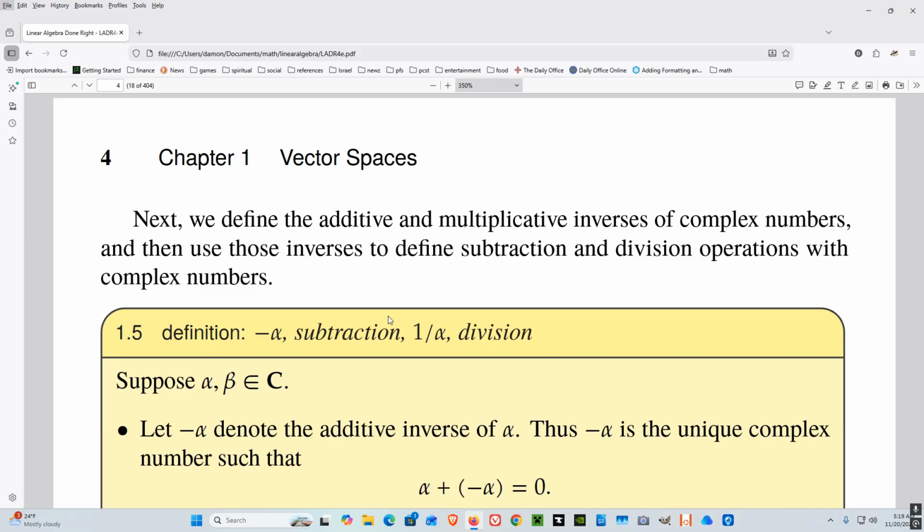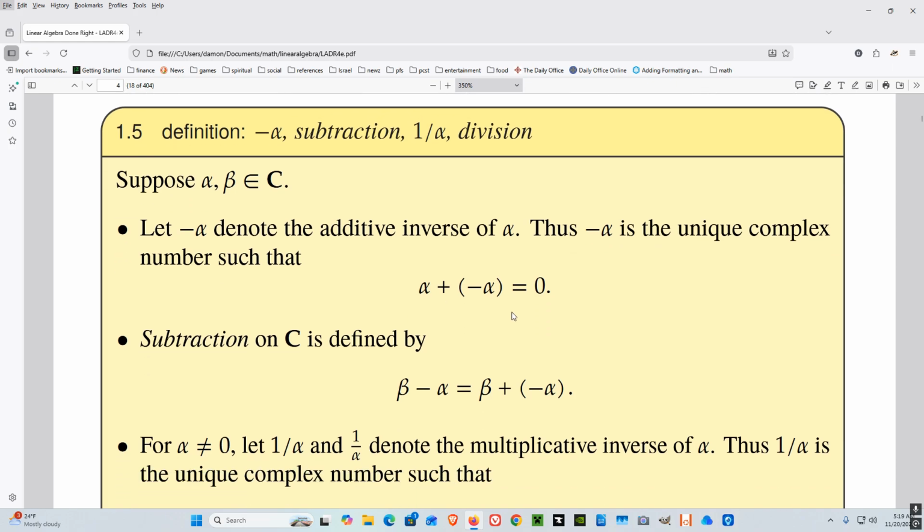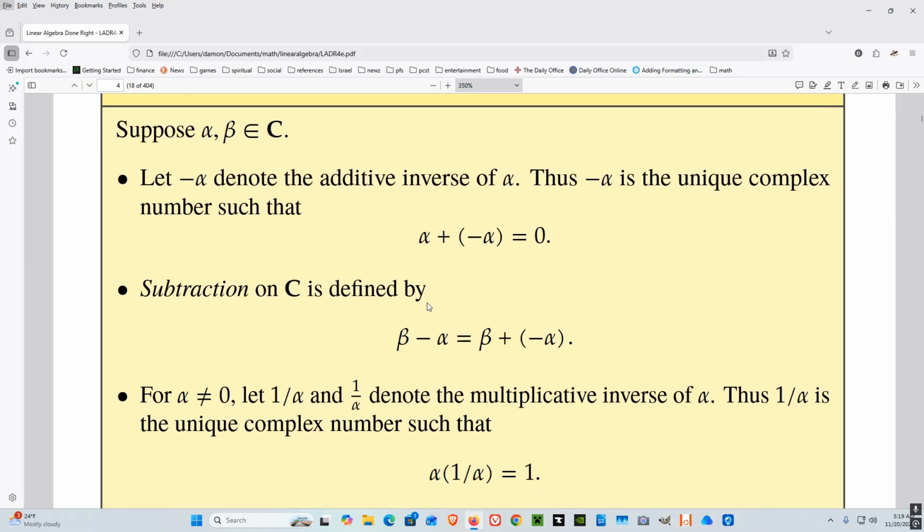All right, next we define the additive and multiplicative inverse of complex numbers and then use those inverses to define subtraction and division operations with complex numbers. Let's see, here you have the additive inverse, and the fact that subtraction turns to adding the negative.